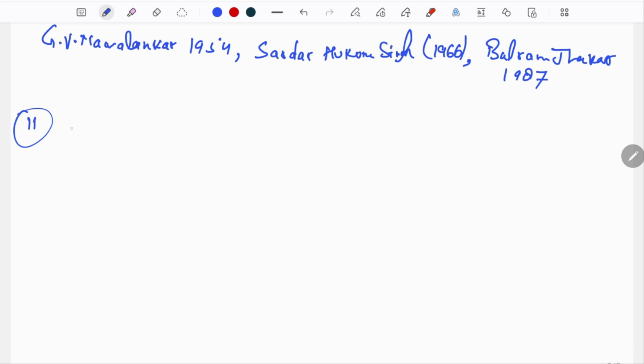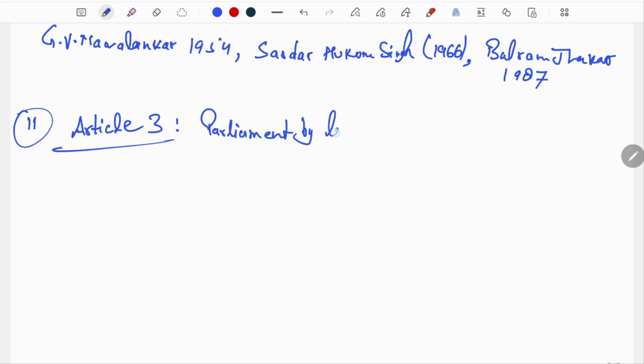Now moving on to the next topic, which is about Article 3, which is in news because the name of state Kerala has been changed to Keralam. This Article 3 mentions that Parliament by law can form a new state by separating territory from any state or by uniting any two states or a UT.